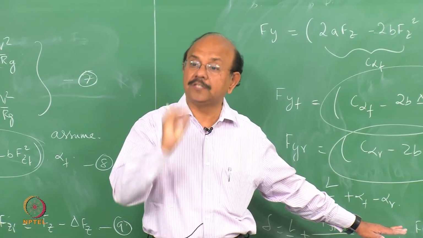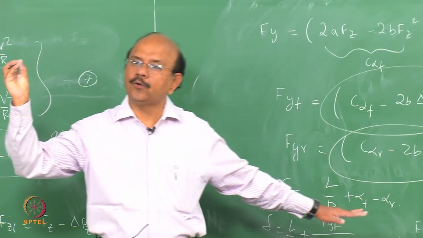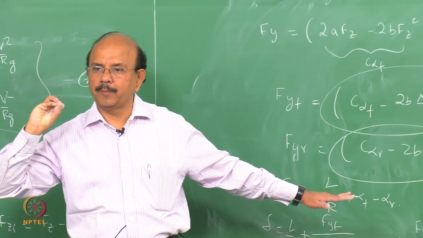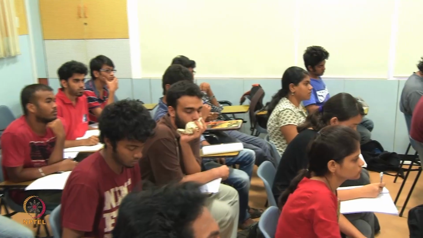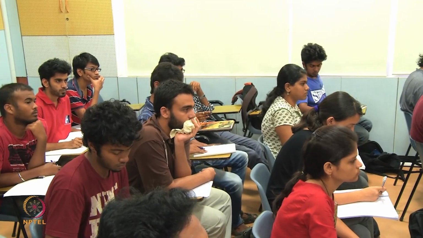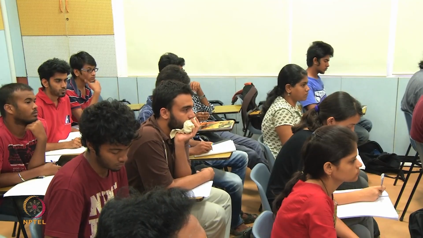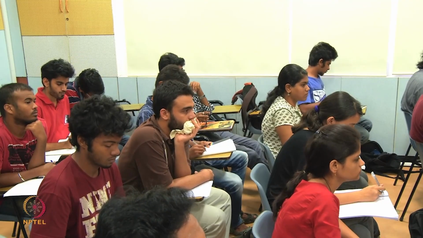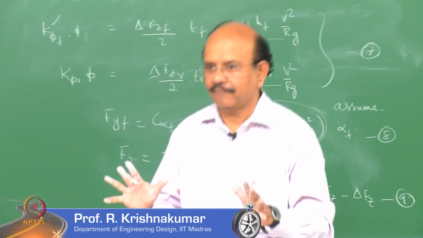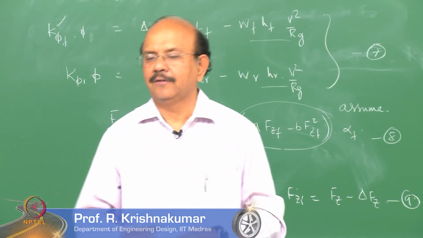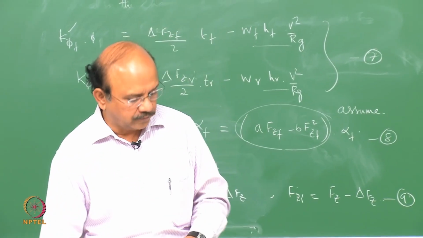And we're going to use this in order to look at how to evaluate a car. Load transfer has an effect on understeer or oversteer, period. One statement. How? In a simplified form, this equation is going to tell us. That's it. Clear? Okay. We will see the rest of it in the next class.